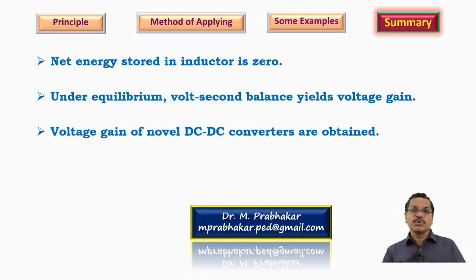All that one has to do is find out energy stored in the inductor during on duration. In a similar way, finding out the voltage will help. So, voltage developed across the inductor during on time, voltage developed across the inductor during off time, that is what is required. If the power circuit involves more than one inductor, the same principle should be applied for all the inductors.